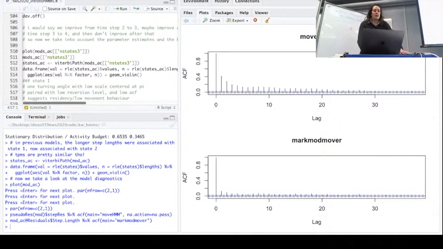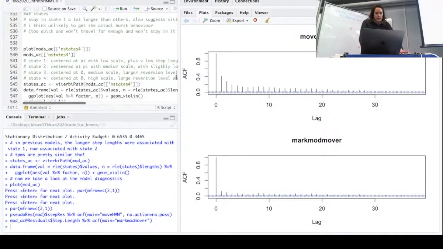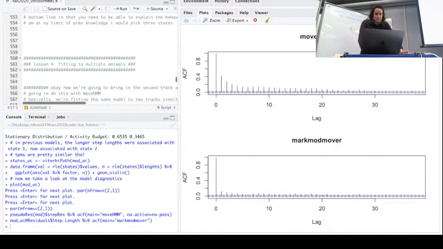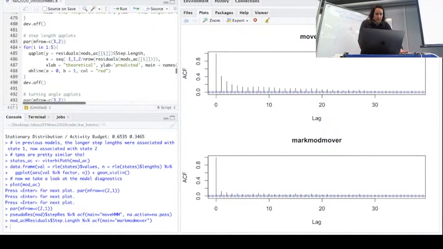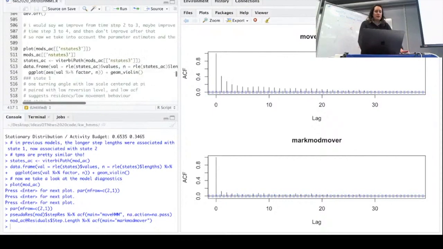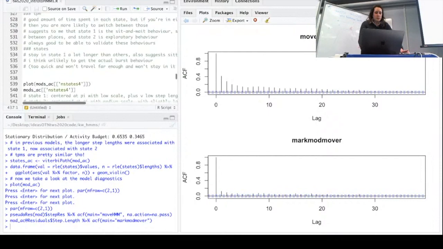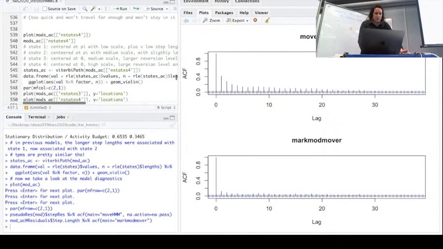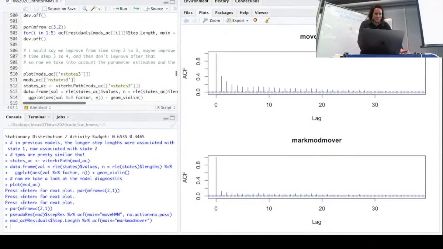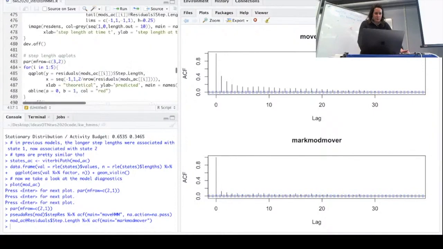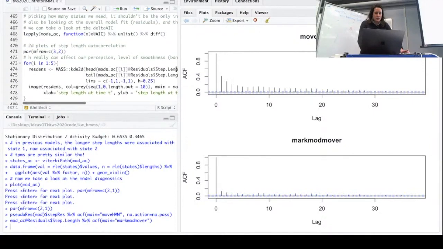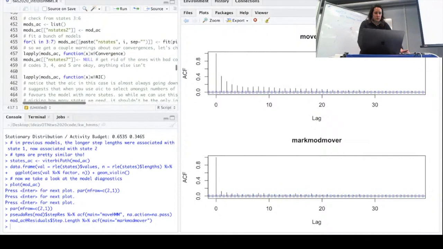Down here, we also look at, let's see, what do I look at here? Here I demonstrate picking the number of states.